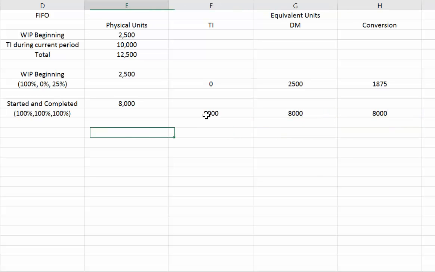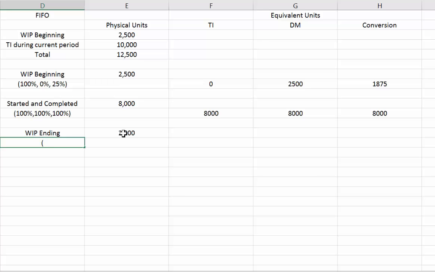So finally I'm going to look at the WIP ending. I know that I have only 2,000 left, because if you use 12,500 to subtract 2,500, then subtract 8,000, you should have only 2,000 left. Then let's take a look at the percentage of completion.